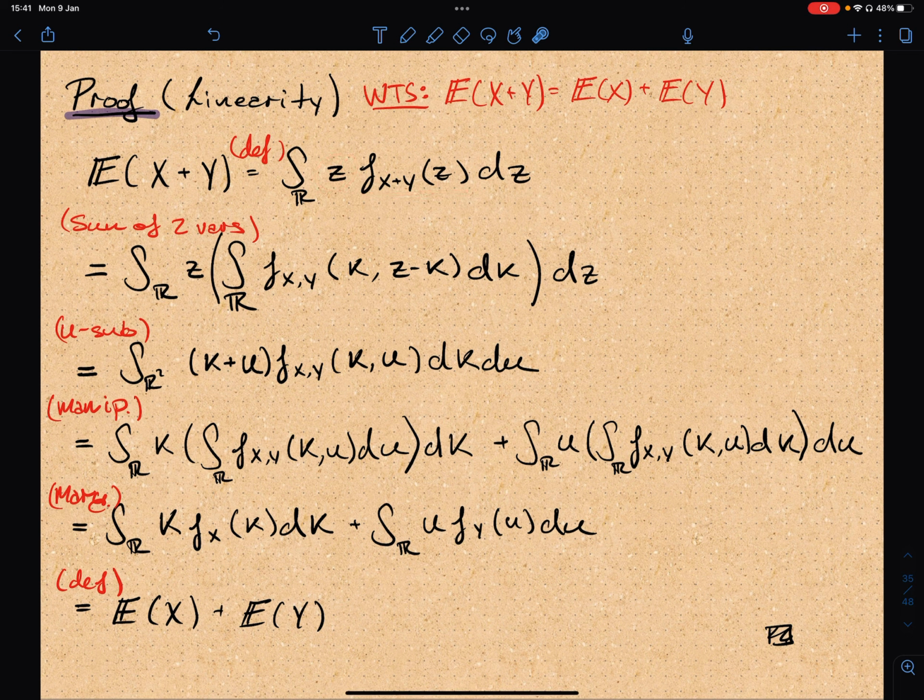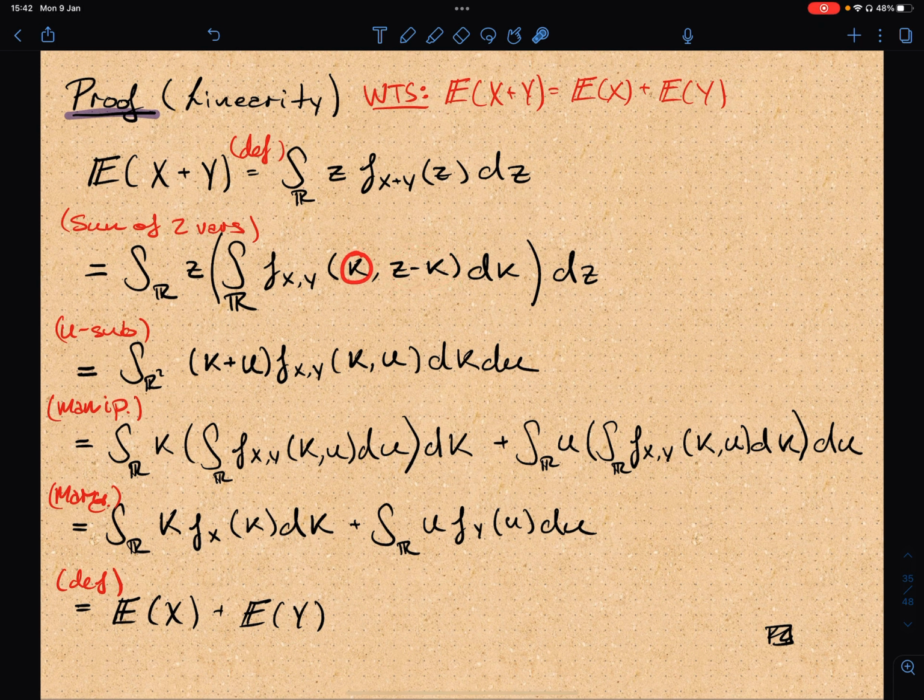From one of the earlier examples, we know that the density function for the sum of two random variables is given by this formula using the joint density function. I sum over all the outcomes where the sum is equal to z.